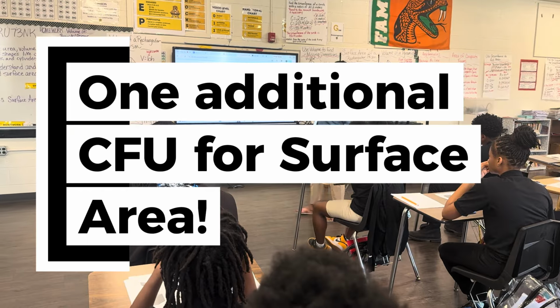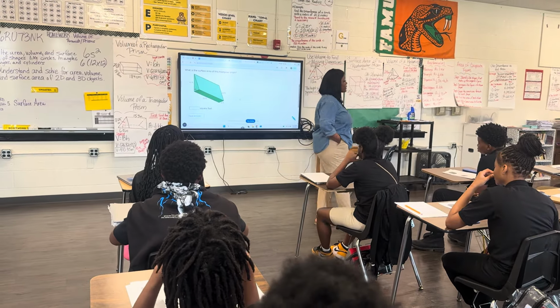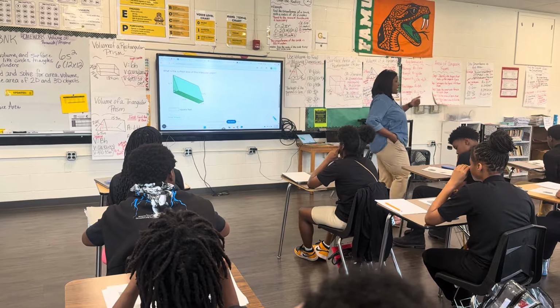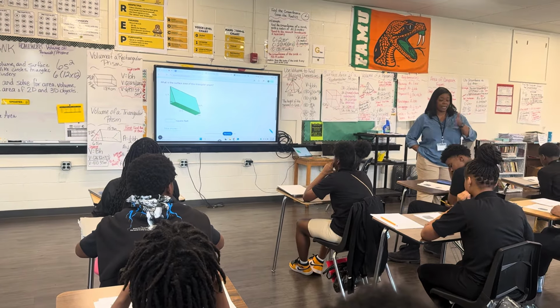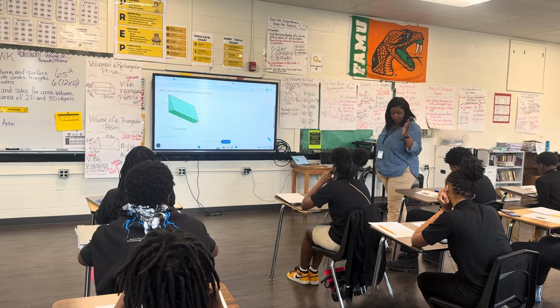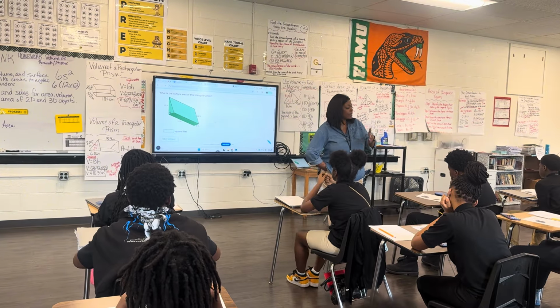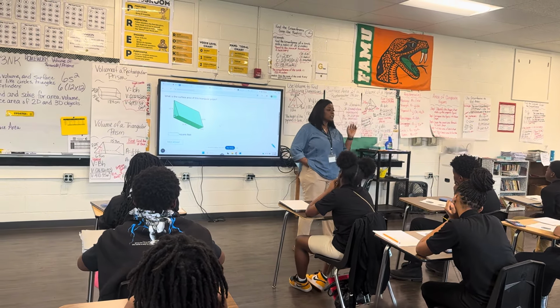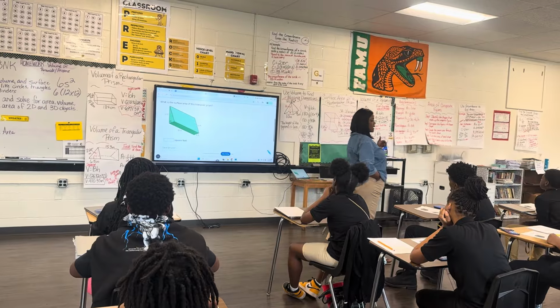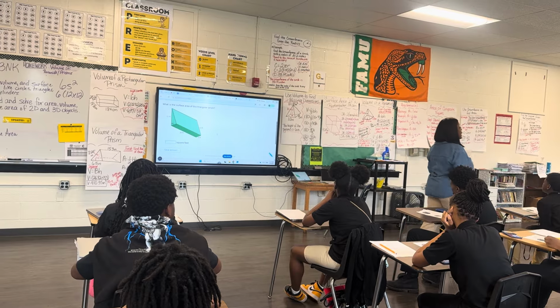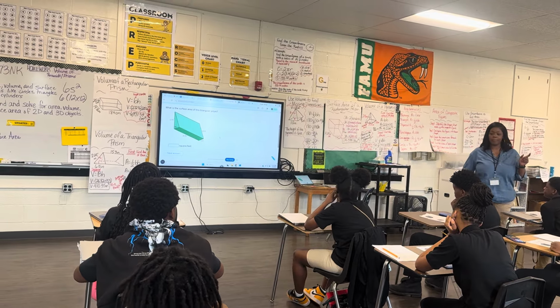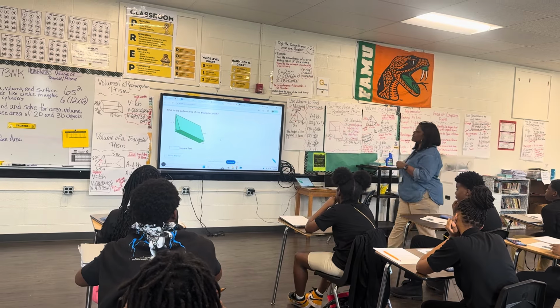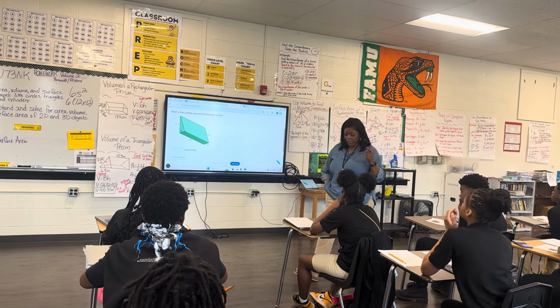So we're going to take this surface area a step further. We spent time yesterday, and as our practice problem today, on finding the surface area of a rectangular prism. Now we're going to work on a triangular prism, okay? I want you to focus on the board.